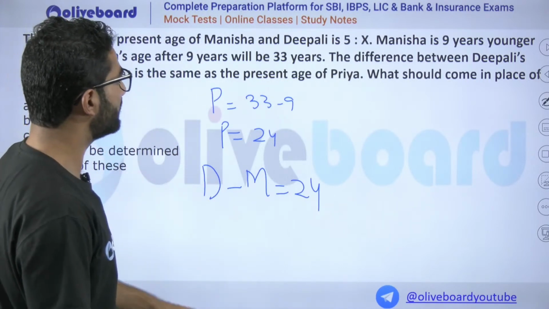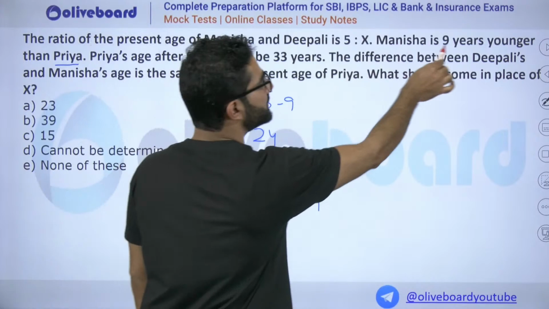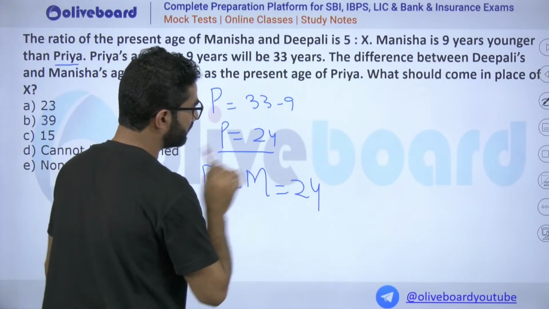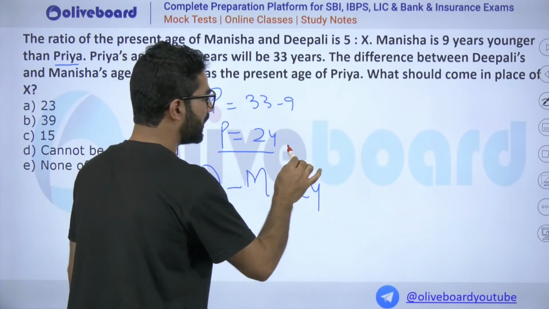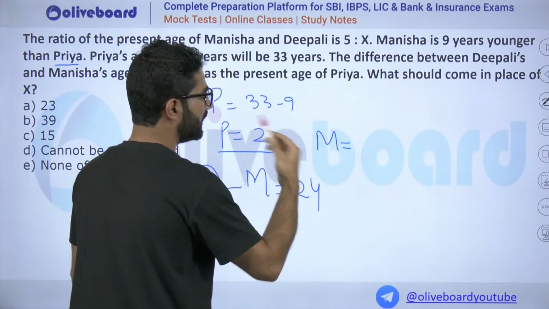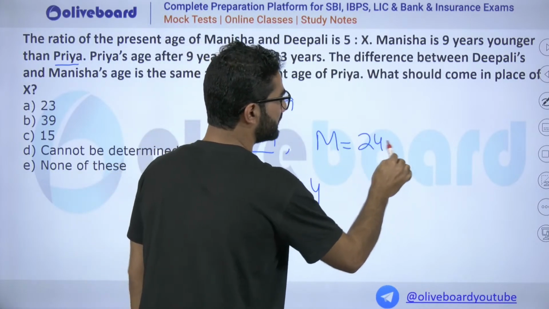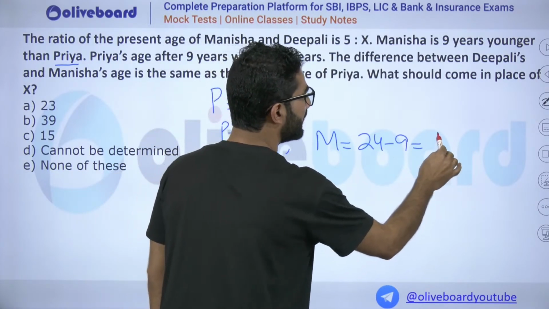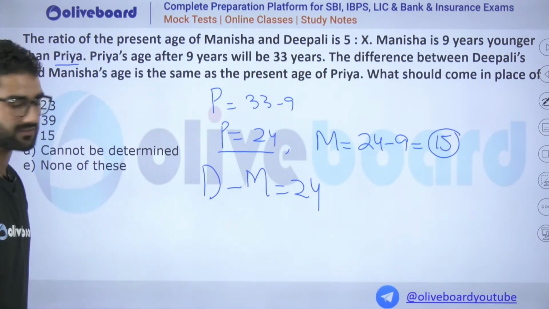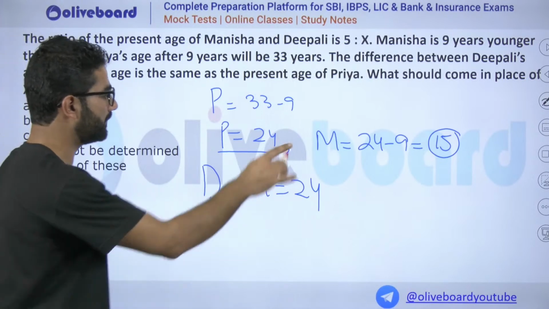Now it says that Manisha is 9 years younger than Priya. If Priya is 24, what is Manisha? Manisha will be 9 years younger, meaning 24 minus 9, that is 15. Age of Manisha, present age is, yes, Najma says 24. Okay, so that is 15.